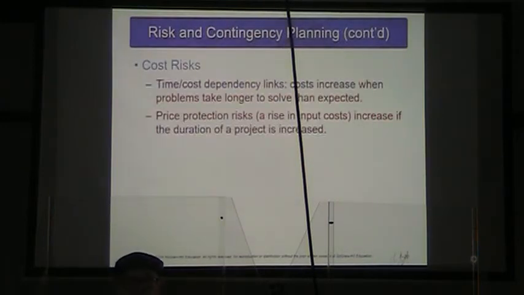Our cost risks, we always have time and cost dependency links. Our costs are going to increase if we take longer to solve the particular risk or event that we're talking about. We may have to have some kind of price protection risk.